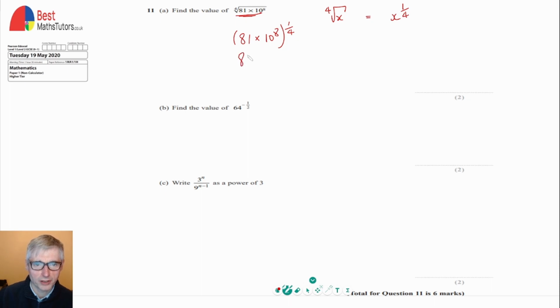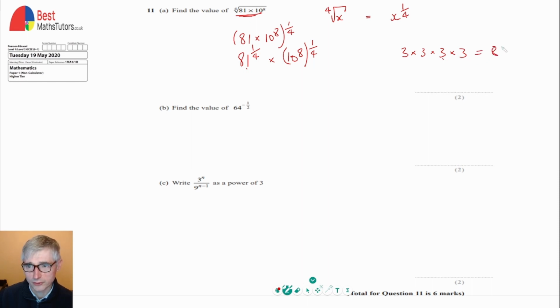So that becomes 81 to the quarter, times 10 to the 8, also to the quarter. I can split it up at the times sign into two things. What I'm looking for is the fourth root of 81, which is the number that, if I multiply it by itself 4 times, gives 81. 3 times 3 is 9, times another 3 is 27, times another 3 is 81.